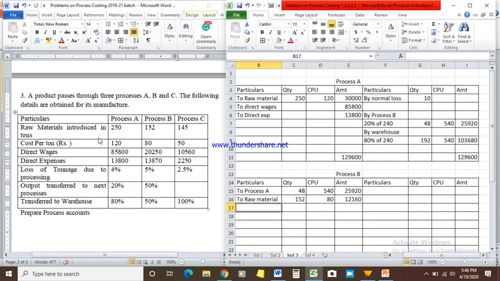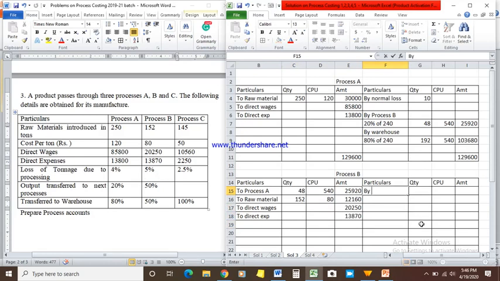So 152 into 80. So direct wages, that is 20,250. To direct expenses, 13,870.